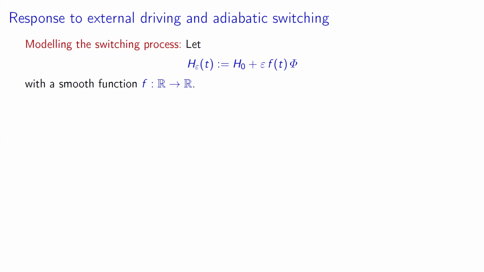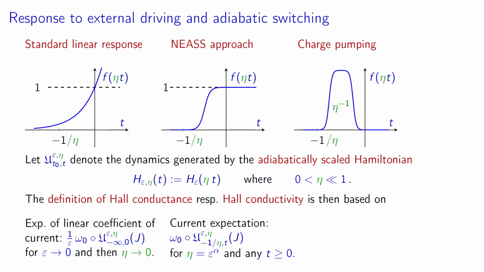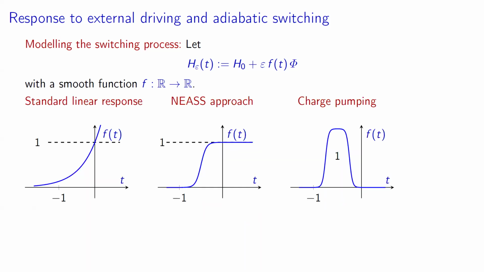So f will be a smooth function, and there are different possible or natural choices for this switch function f. One, which is used in standard linear response theory, is just an exponential function.